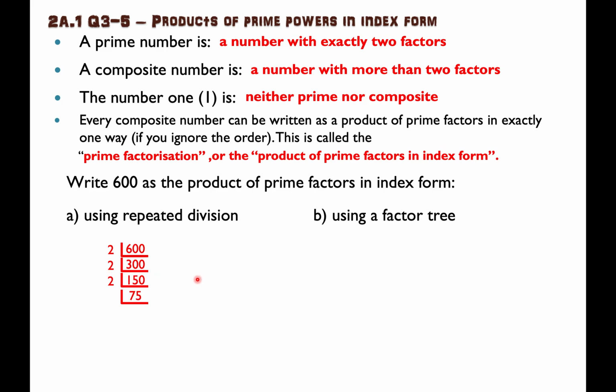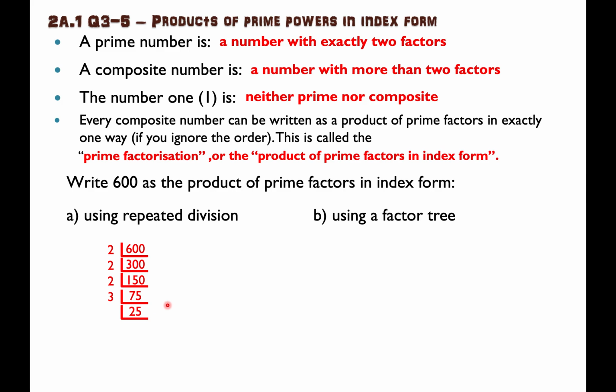I don't think we can do a 2 again. 2 doesn't go into this. What's the smallest number other than 1 that goes into 75? Well, 2 doesn't go into it. In fact, 3 goes into it. 75 divided by 3 is 25. Smallest number that goes into 25 other than 1? 2 doesn't go into it, 3 doesn't go into it, 4 doesn't.